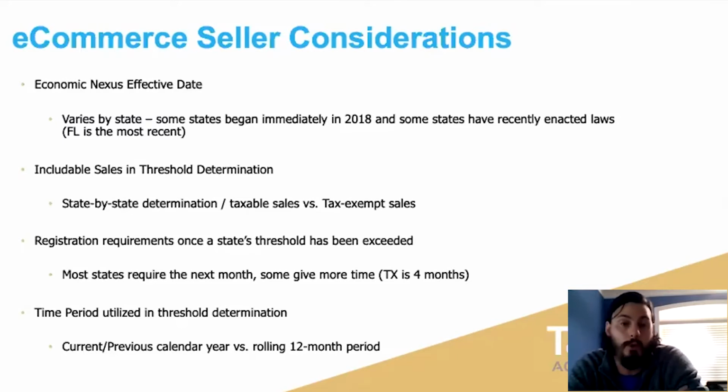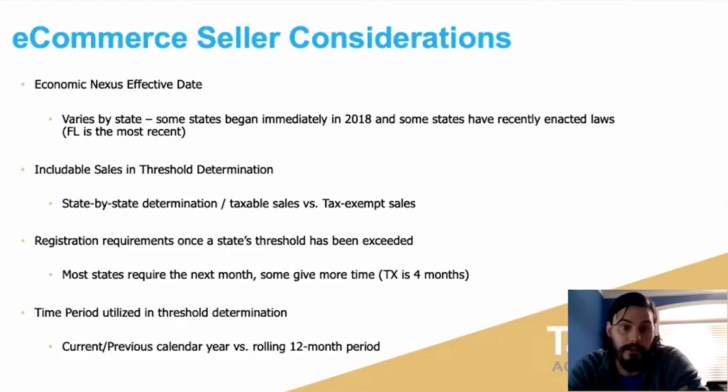Some states have a 1/1/2019 effective date. Florida just recently enacted it in July of 2021. So, I think there's about 45 states now that have it. I think Missouri is the only one that has a sales tax that doesn't have a threshold in statute yet. So it's everywhere.